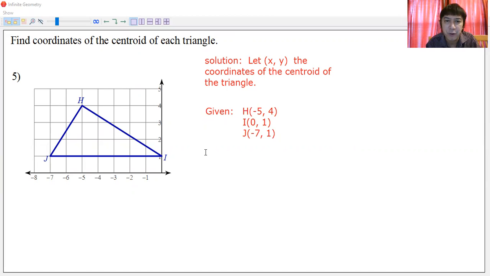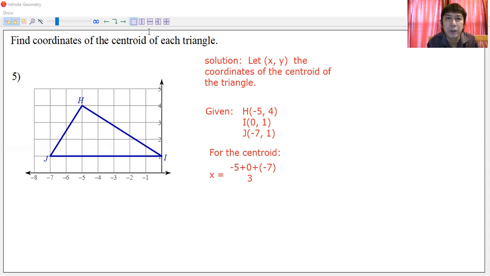Next, for the centroid. Compute x. We gather all x values: -5, 0, and -7. So that will start with -5 plus 0 plus -7, and the total will be divided by 3.